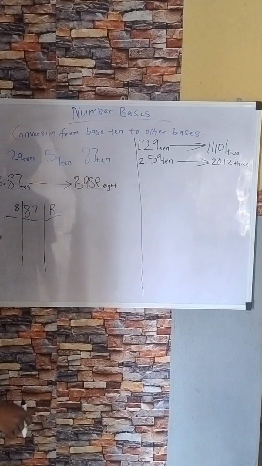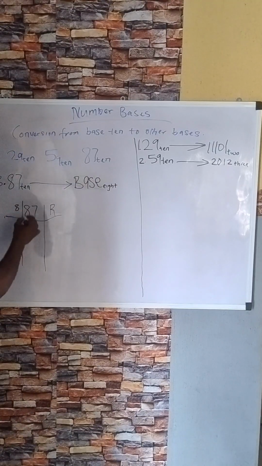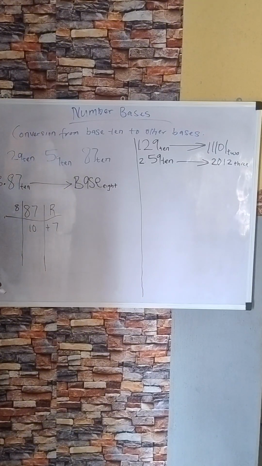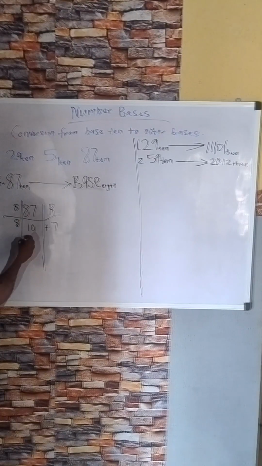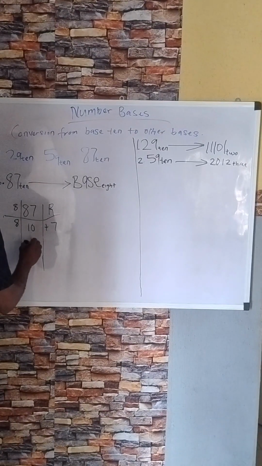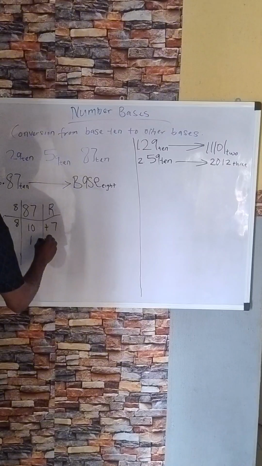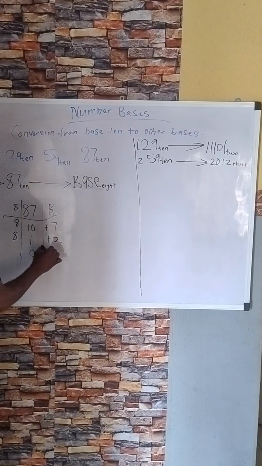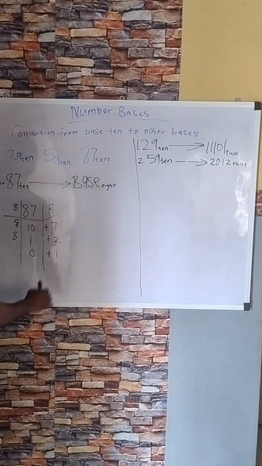Okay, so 8 into 87 will give us 10, and there will be a remainder of 7. Bring down 8 again. 8 into 10 will give us 1, and there will be a remainder of 2. And then 8 into 1 will be 0, bring down the 1 here, a remainder of 1.